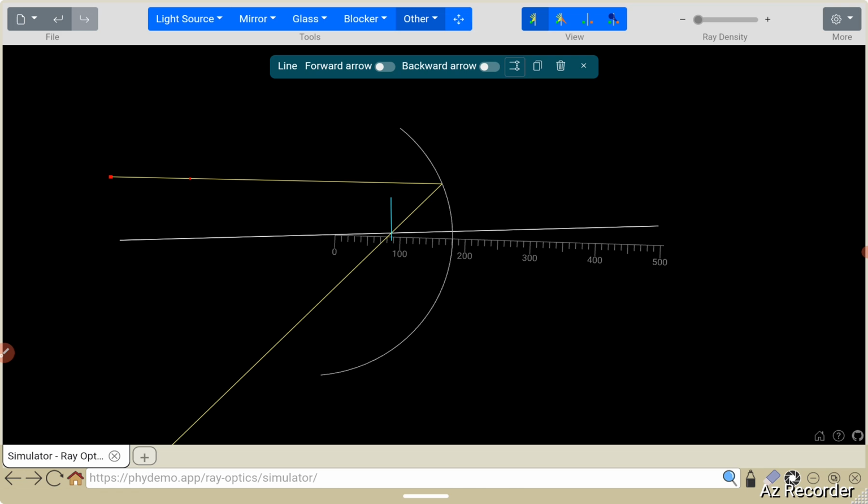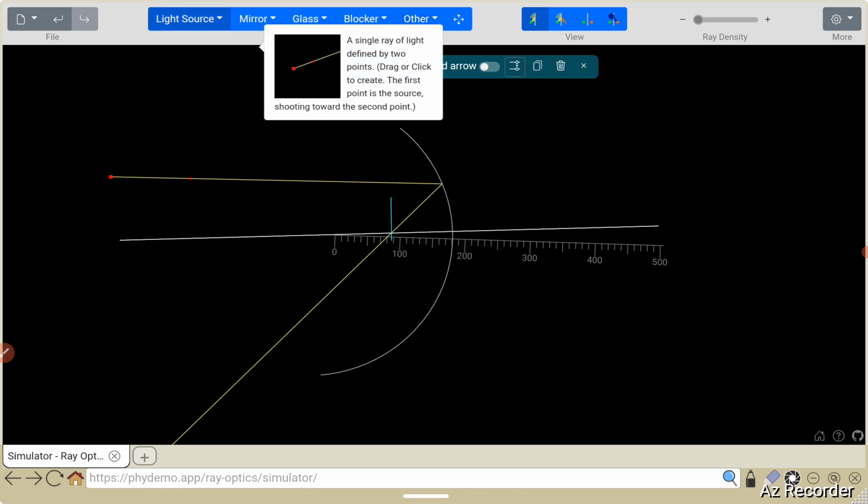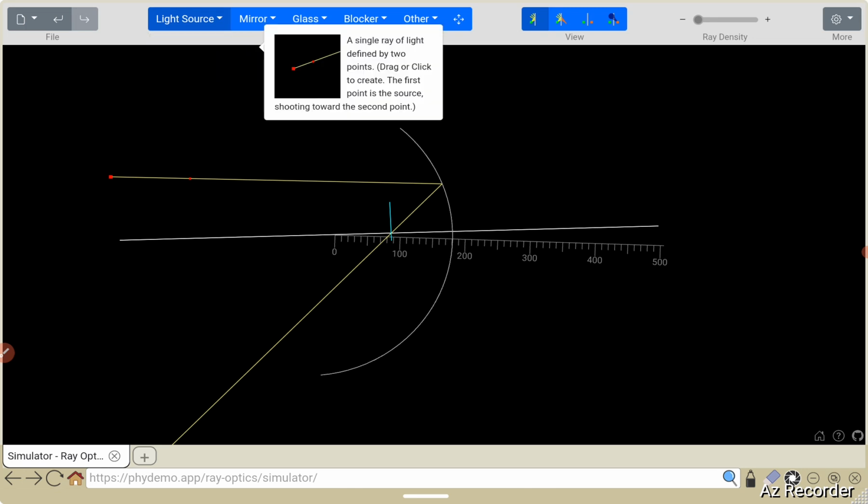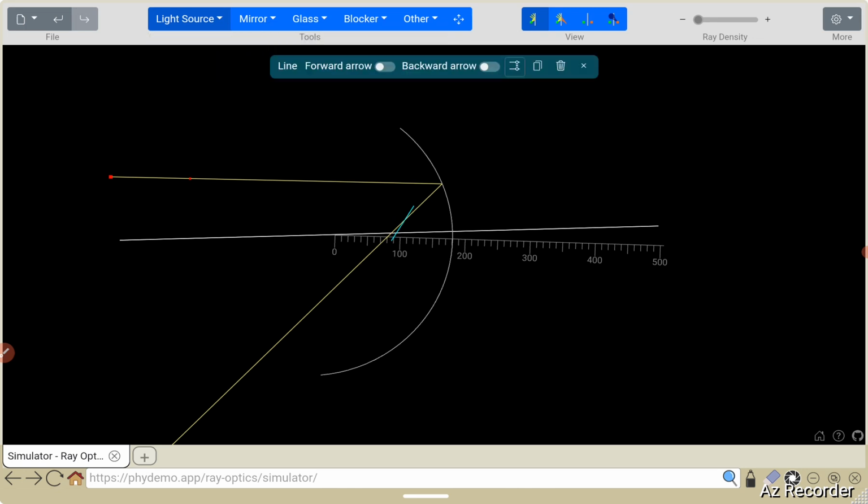Then we have a light ray falling onto the pole. Let me take a light ray like this.